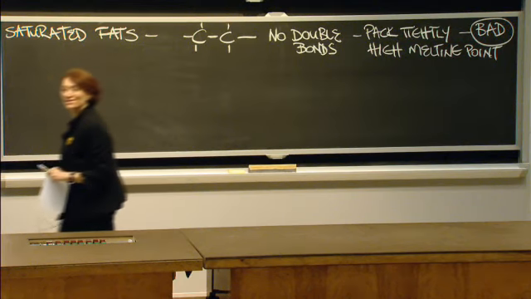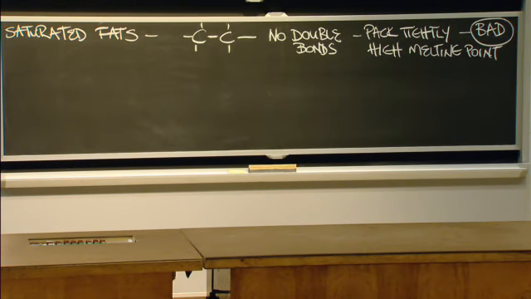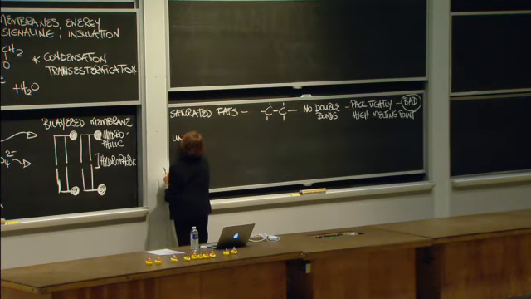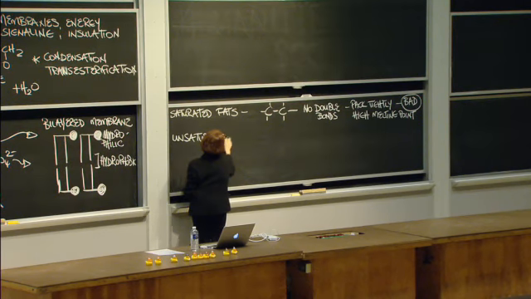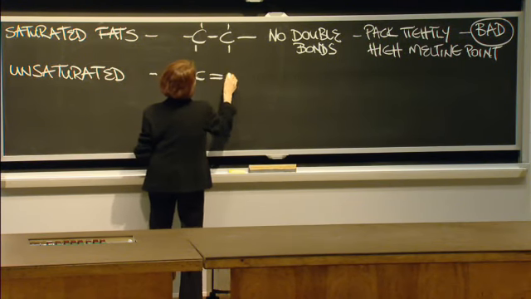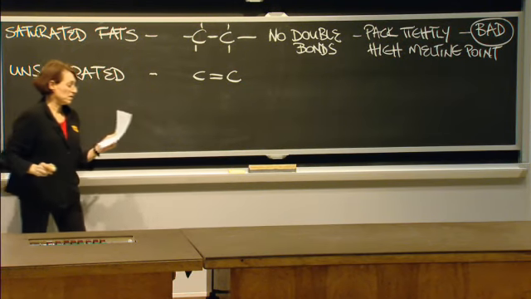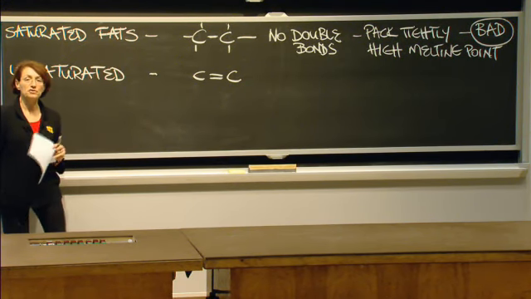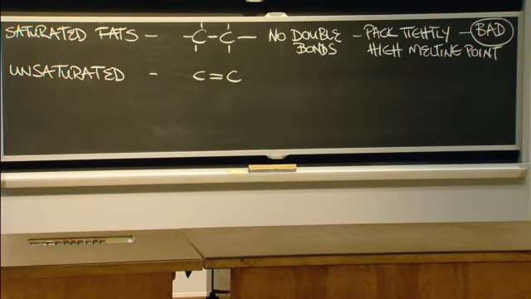In contrast, unsaturated fats are sometimes good for you and sometimes not. Unsaturated fats all have somewhere a carbon double bond. There are two kinds of unsaturated fats.